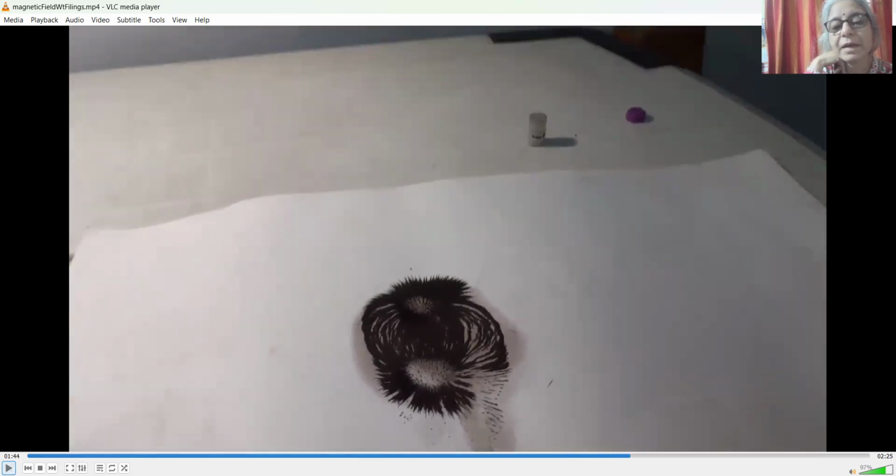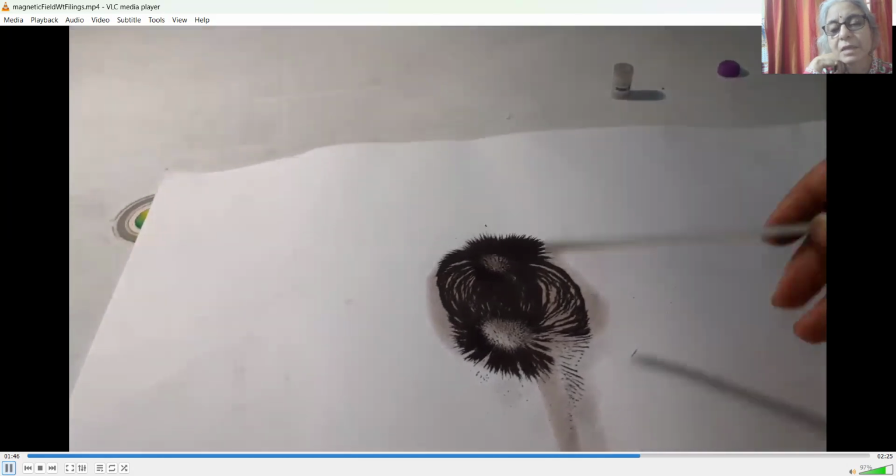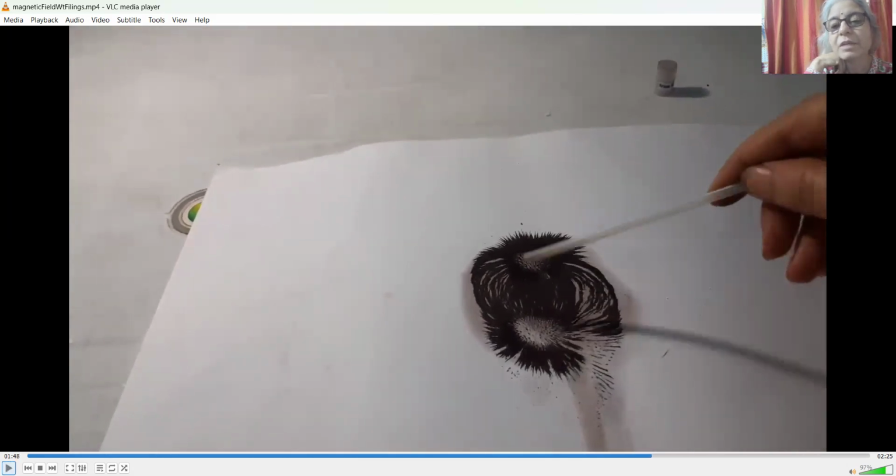Okay, so the iron filings have shown us the direction of the magnetic field. So this is a visualization. It shows you that the field is weak where the pole is located, where the edge of the magnet is located, there's not much force.